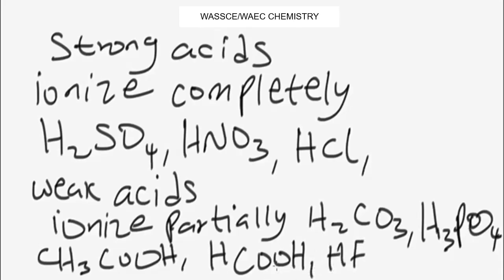Before we end this video, let's distinguish between strong acids and concentrated acids. Don't be confused with the two. Strong acids, as we have explained, deal with how acids ionize completely in water. Whereas concentrated acids measure how much acid there is in a certain volume of water.